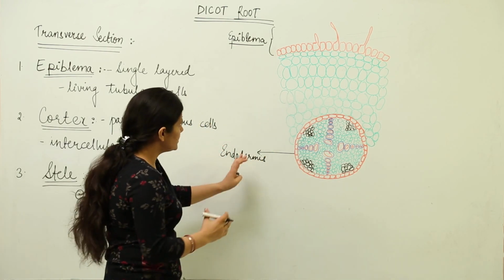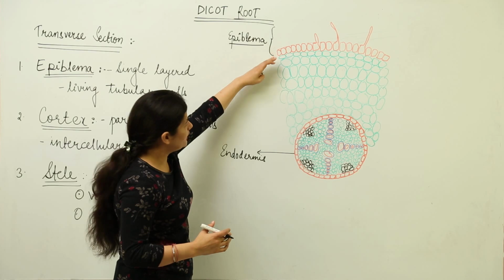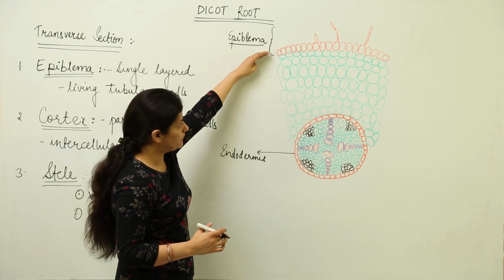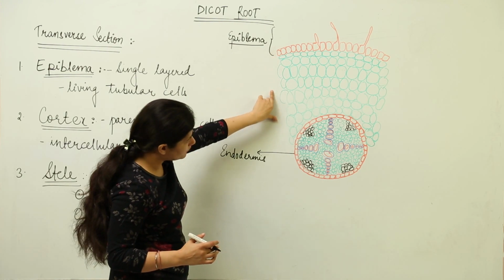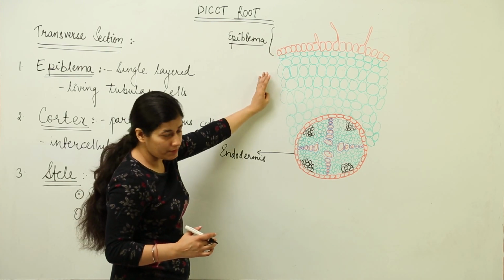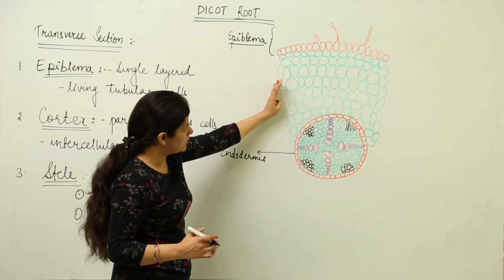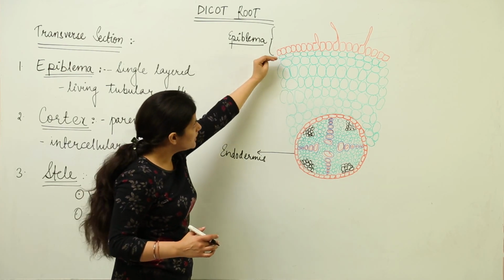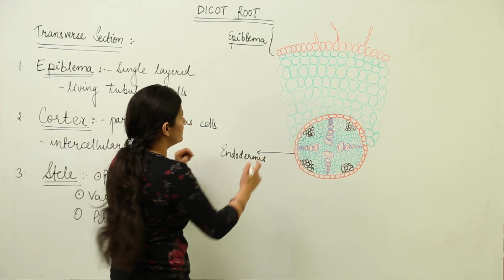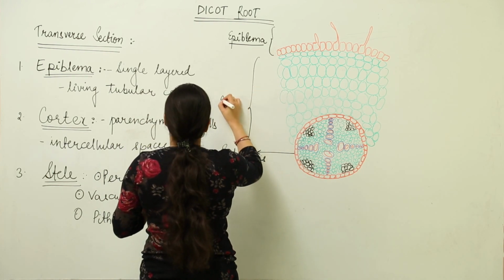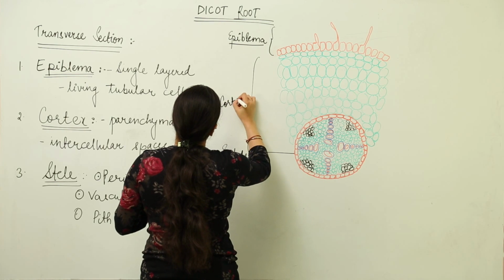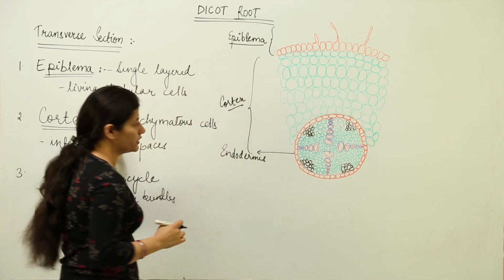Now do keep in mind that from the layer beneath epiblema, that is the epidermal layer, there starts many layers of cells which are parenchymatous cells. These layers till the endodermis comprise the region known as cortex, as is told over here.